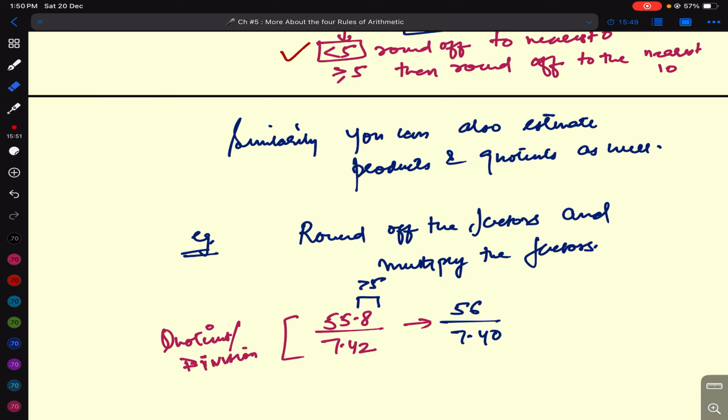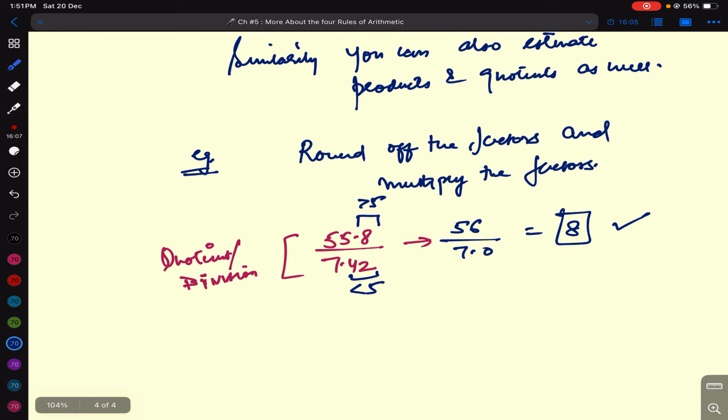Like you can take 42 together, which is less than 5, so this will be rounded off to 0, so that means 7.0. Clear? Now 56 over 7 is 8. I hope that makes sense, right? So this is how we do the estimation in the case of division. Now we can also take the example of multiplication.